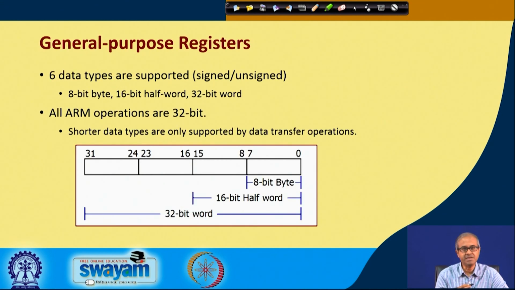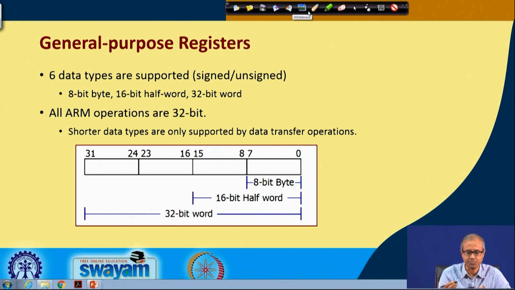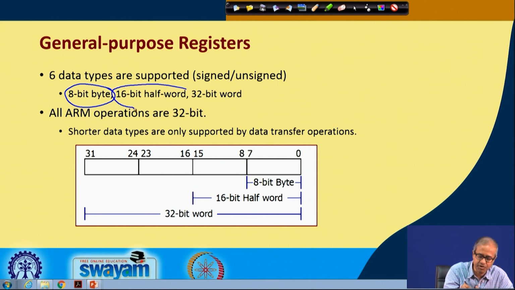Now, in terms of the general purpose register where you are expected to store some data, I told you that registers are all 32 bits in size, but in terms of the operations which are supported, you can have 8-bit operations, 16-bit which are called half word operations, or full 32-bit word operations.